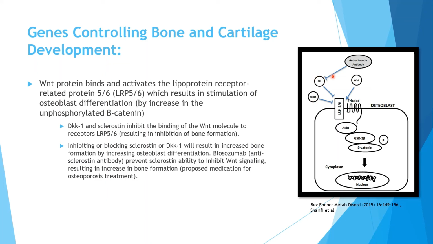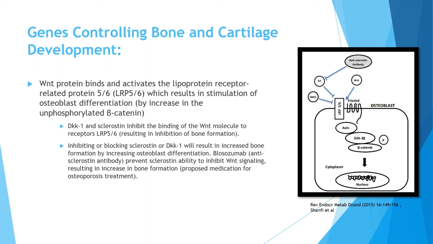So when you have an anti-sclerostin protein, this will result in the Wnt protein doing its function. This will result in more osteoblast differentiation and function. So this anti-sclerostin protein can be used for treatment of osteoporosis. One of these is called romosozumab. Romosozumab is an anti-sclerostin protein, so it will inhibit the sclerostin and DKK1 from inhibition of the Wnt protein.